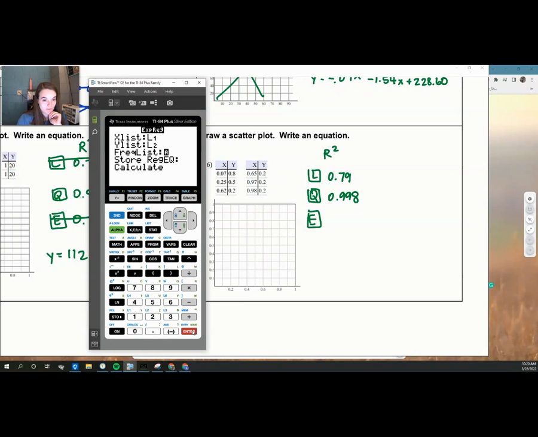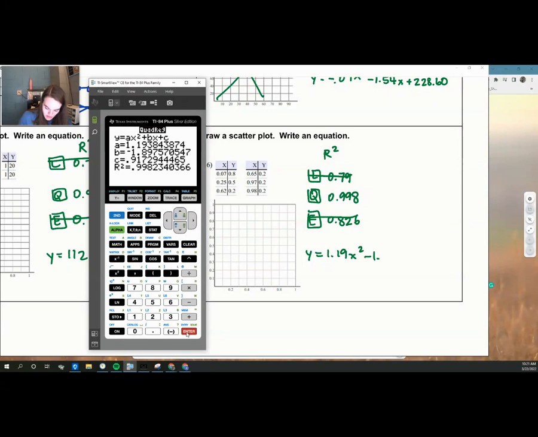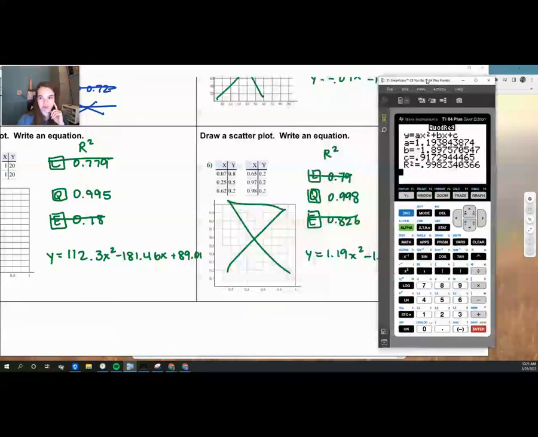Exponential is... nope, 0.826. Did not know 4 of these were quadratic. That's okay. Not everything is even and works out so that you have the exact numbers in math anyway. So y equals 1.19x squared minus 1.90x plus 0.92. Okay, do the last 2 of these. We will come back and do the word problems in the next video. So pause the video and you just keep going.